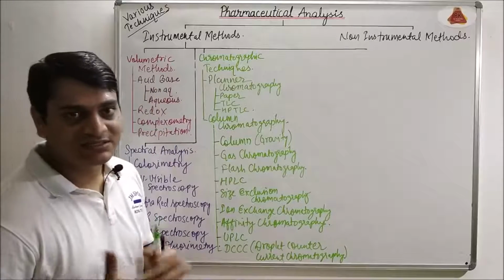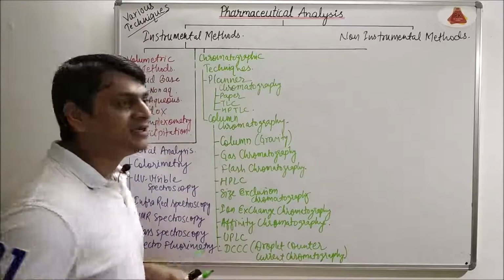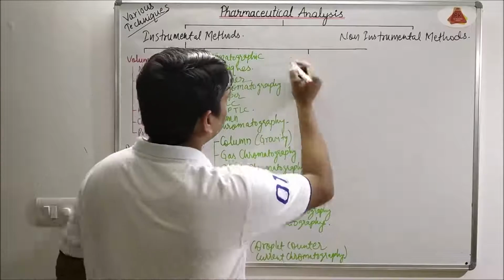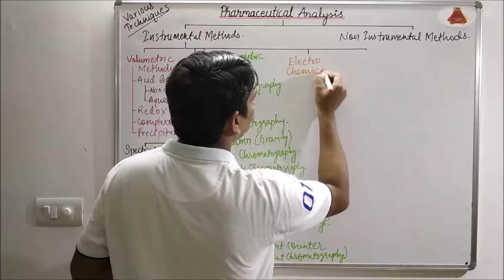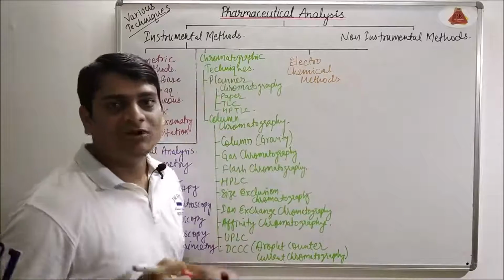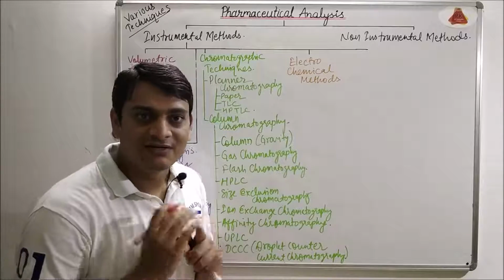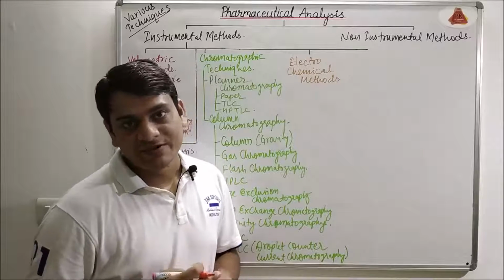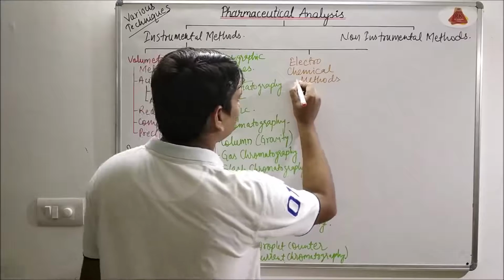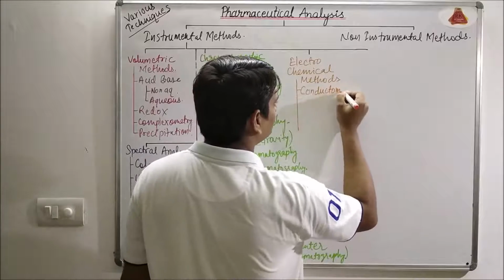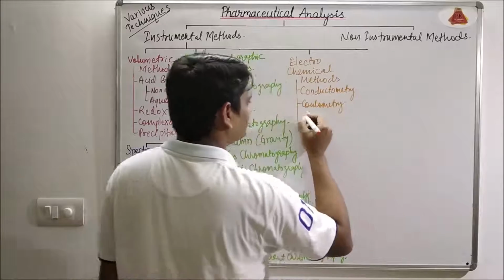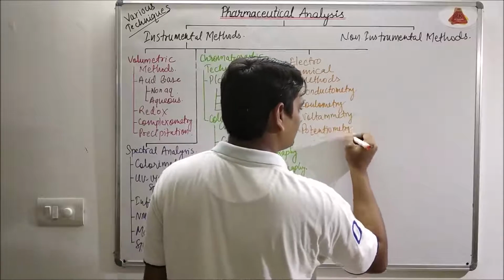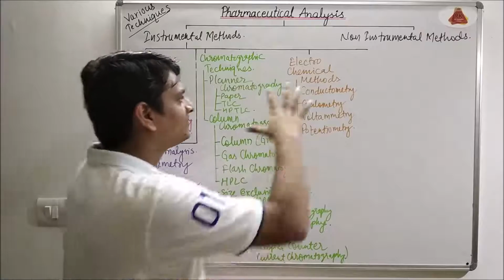Now coming to the next method under instrumental methods, that is the electrochemical method. Under electrochemical methods, mainly four methods are described, which are conductometry, coulometry, voltammetry and potentiometry. So these are the four major electrochemical methods.